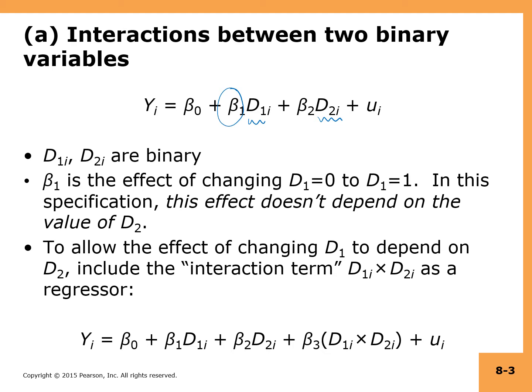So beta 1 is constant no matter what the D2 value is. Let's say that we want to model the case where the effect of D1 actually varies by D2. In that case, we want to include an interaction term, which is D1 times D2, as a regressor in the model.